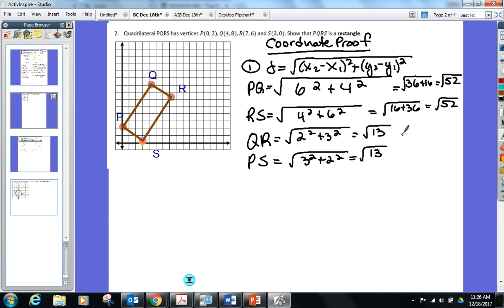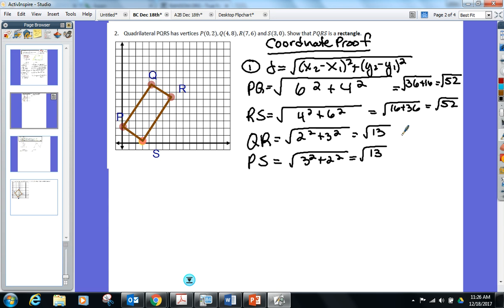Hopefully those other two sides you're getting square root of 13. Hopefully you're getting 2 squared and 3 squared underneath. This is what's great about this. If you hate distance formula, you might be able to get away without doing distance formula at all. I'll talk about that at the end. We all good here? Everyone got the sides, square root of 13 and square root of 52?